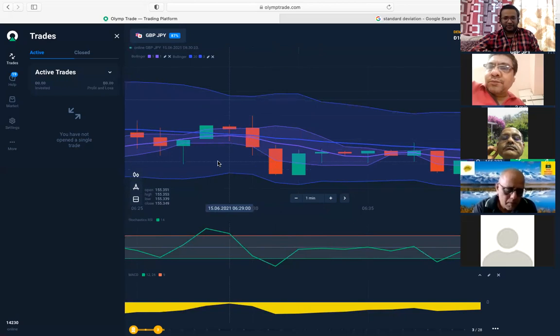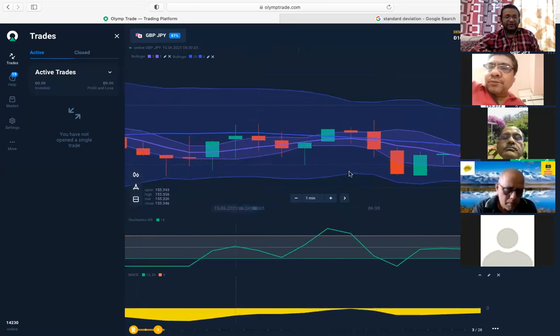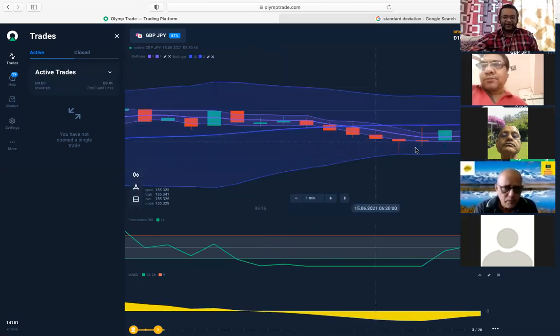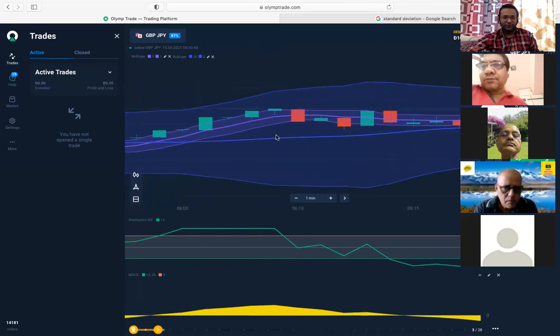This is one interesting characteristic of standard deviation. Again, look at this red candle here: the wick almost touched standard deviation 3, but it immediately went back, in the same candle itself, because mathematically it's not possible. You have to remember that.